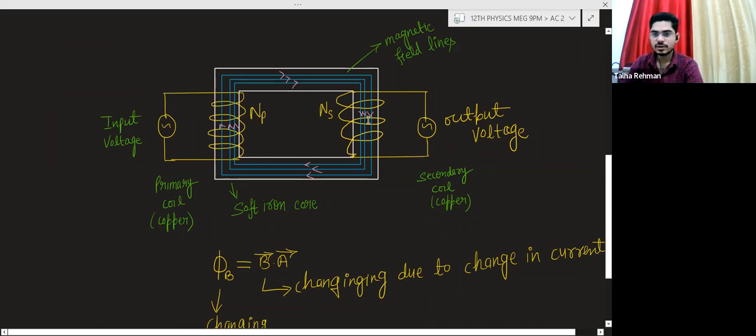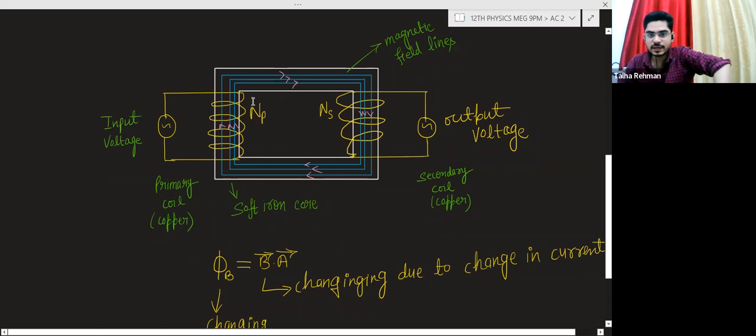Here also there is a wire I have shown with yellow color. This is also known as the winding. This winding is connected with an AC source. This is the symbol of an AC source, and here is another winding connected with an AC source.